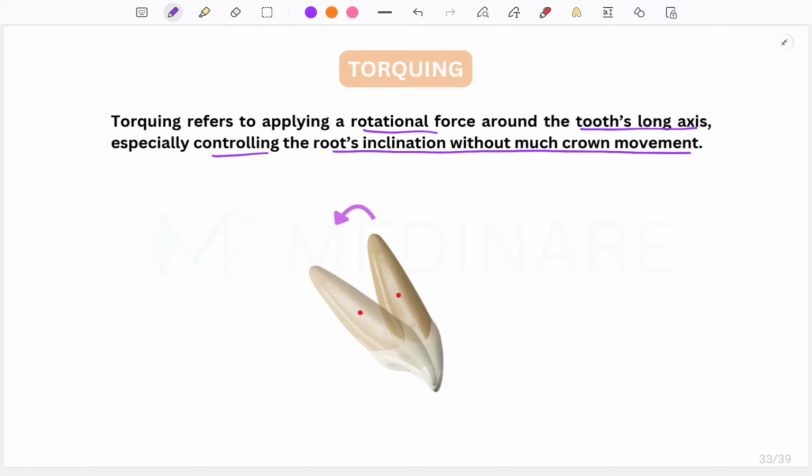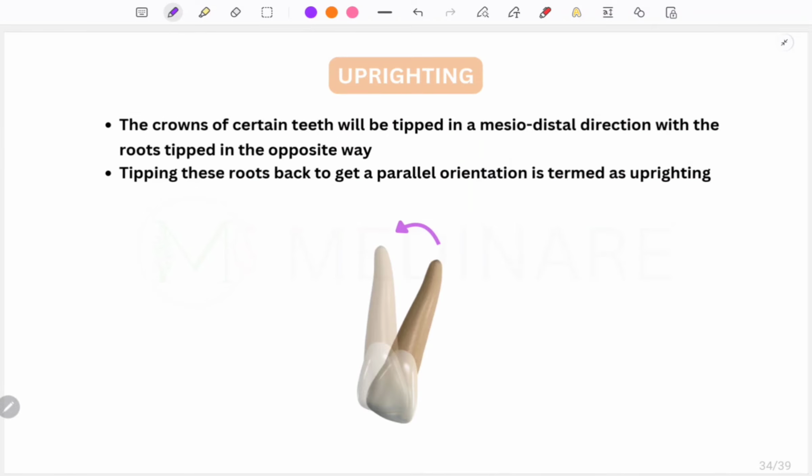But in torquing, the crown remains in the same position, but the root's inclination is being changed. In case of uprighting, we have to change the mesiodistal direction of the tooth. The crowns of certain teeth will be tipped in mesial or distal direction with the roots tipped away in the opposite way. Tipping these roots back to get a parallel orientation is termed as uprighting.